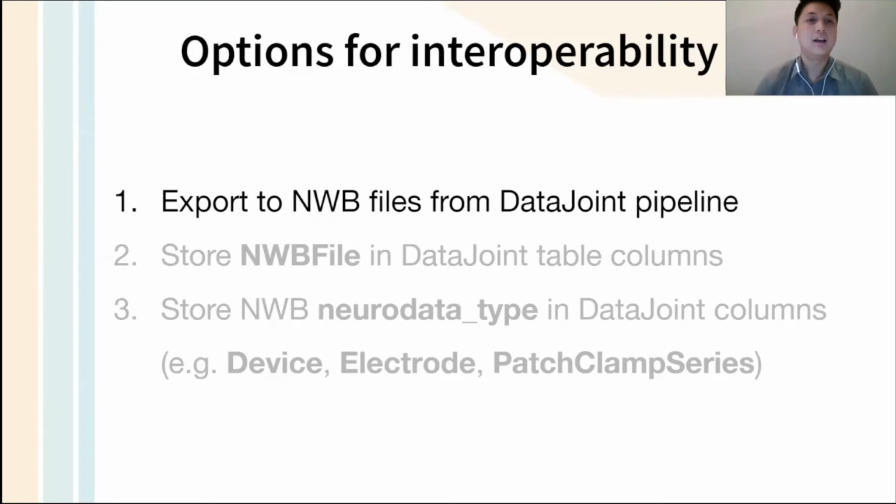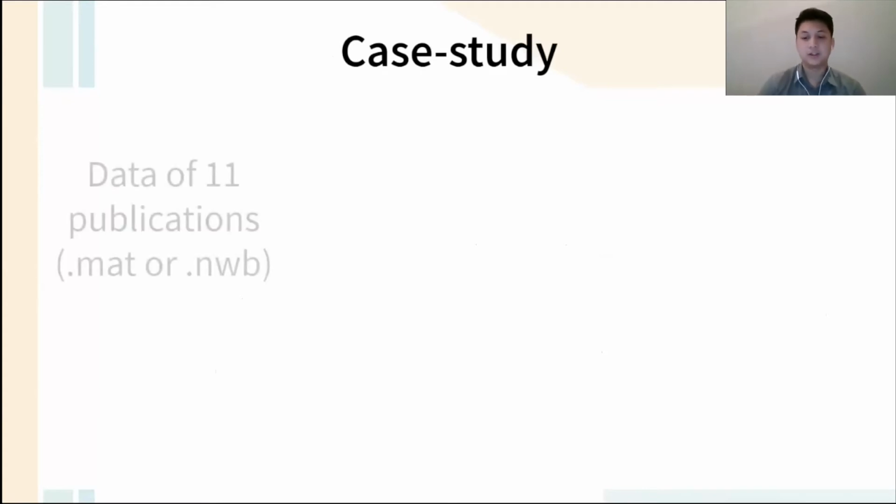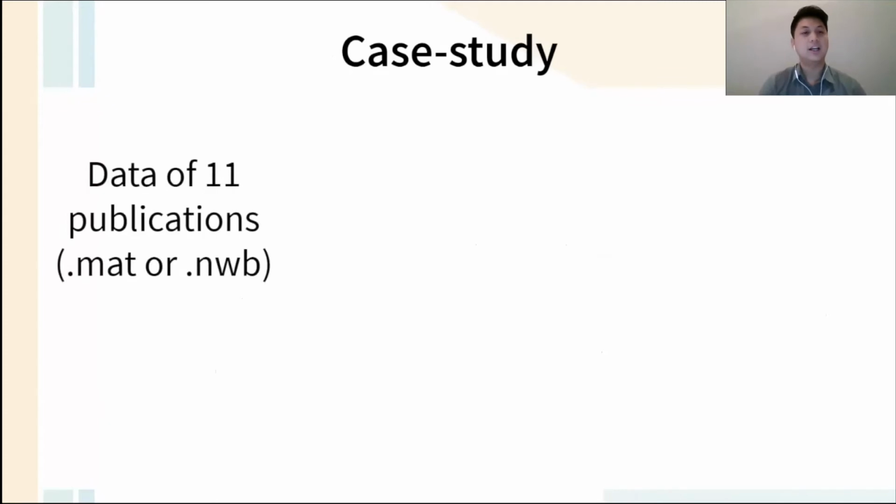Okay. I want to quickly describe the first option, export to NWB files from a DataJoint pipeline. At this point, I want to talk about a quick case study where we had the opportunity to work with Karel Svoboda from Janelia Research Campus, where we took the data from 11 publications.